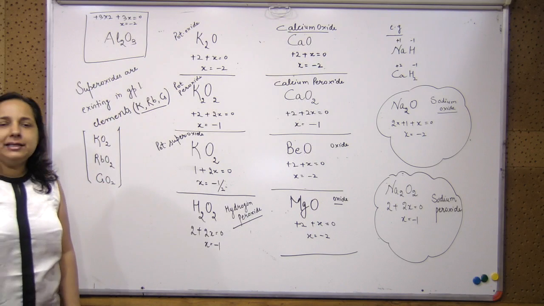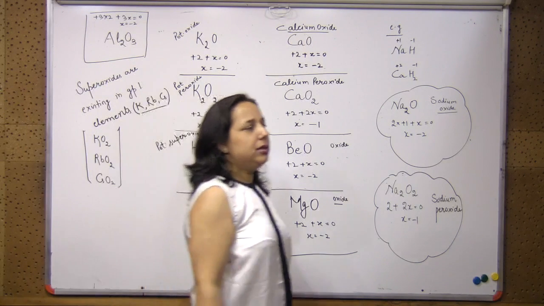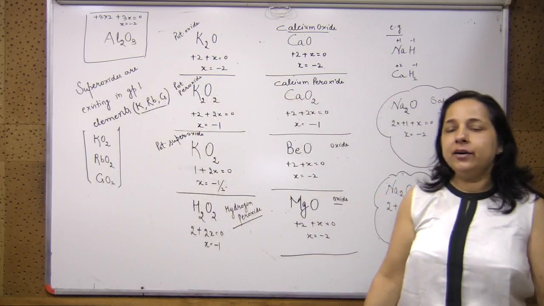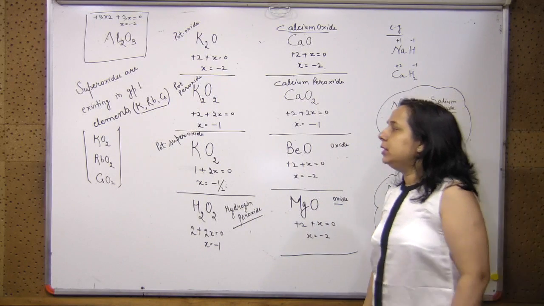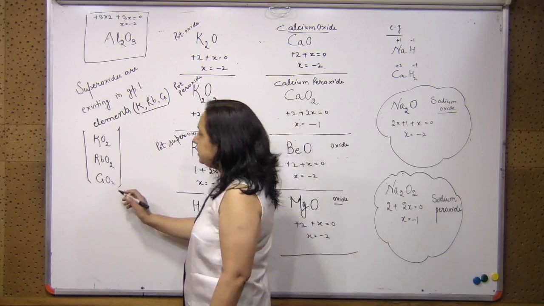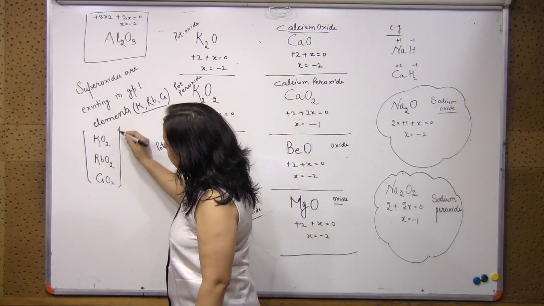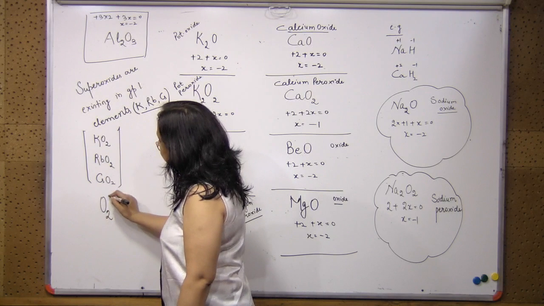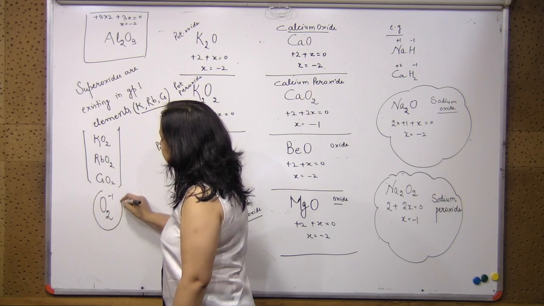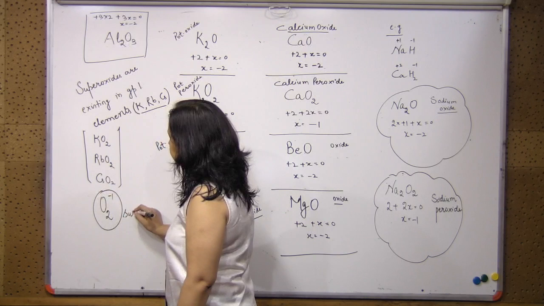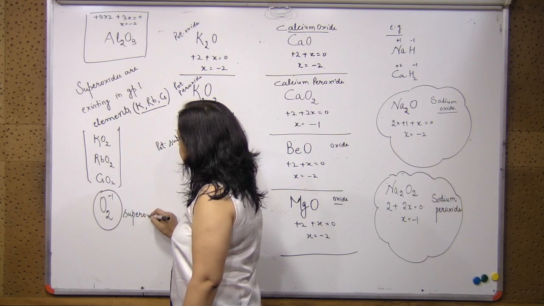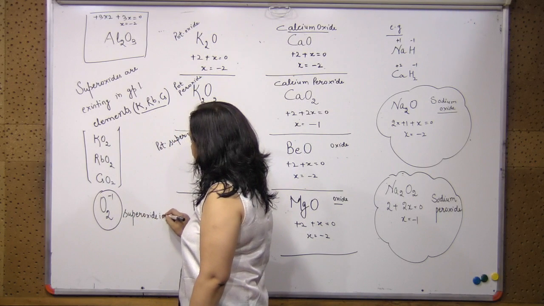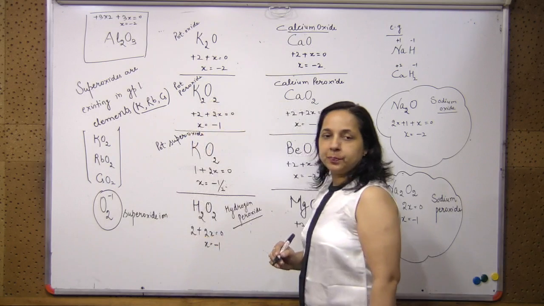It means oxides and peroxides of metals can be named. And here we have superoxides, only 3: KO2, RbO2 and CsO2. These 3 superoxides are going to have the O2 1 negative ion, that is called a superoxide ion. Superoxide ion is O2 1 negative.